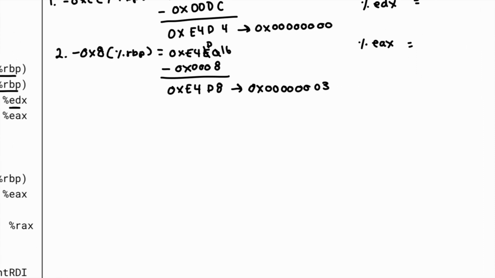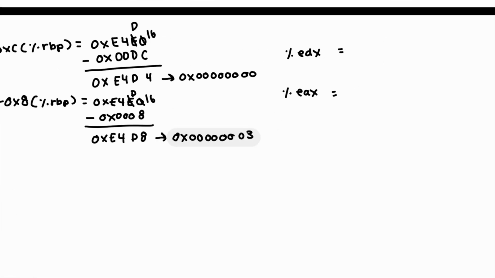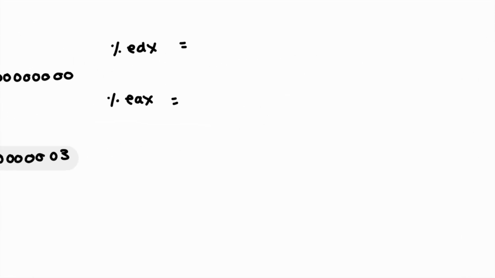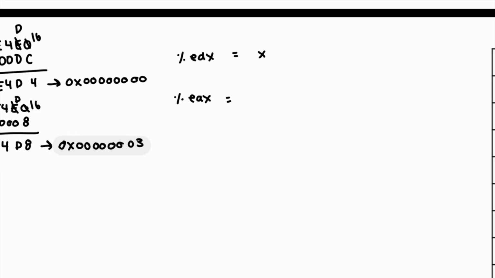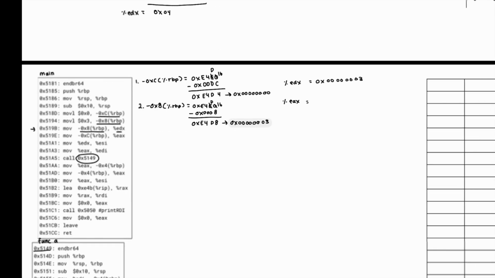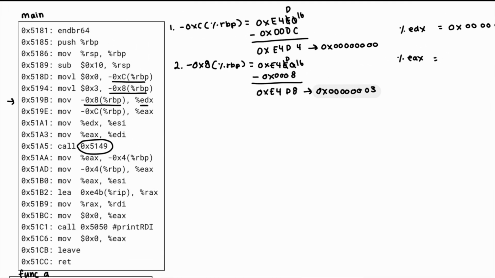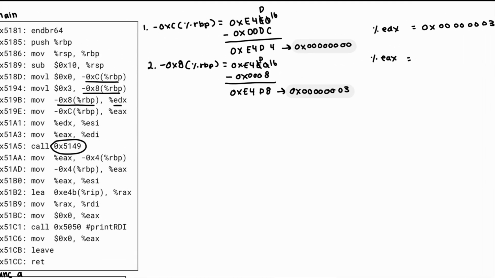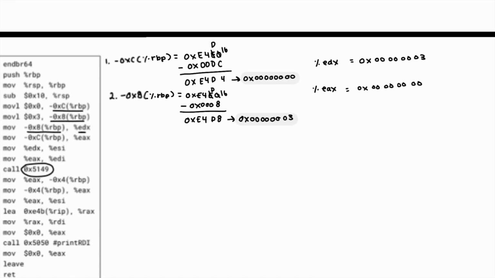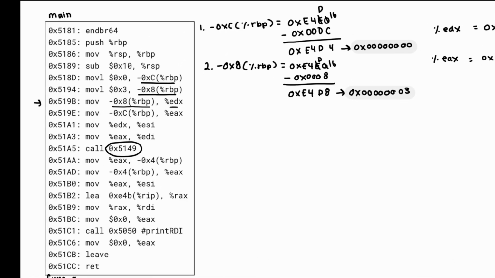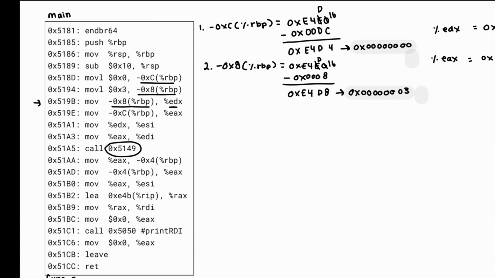That value would be 0x03. EDX is the last 4 bytes, so it's now going to look like this. And our EAX is going to have this value placed inside it. So that's what our EAX and EDX registers look like now.